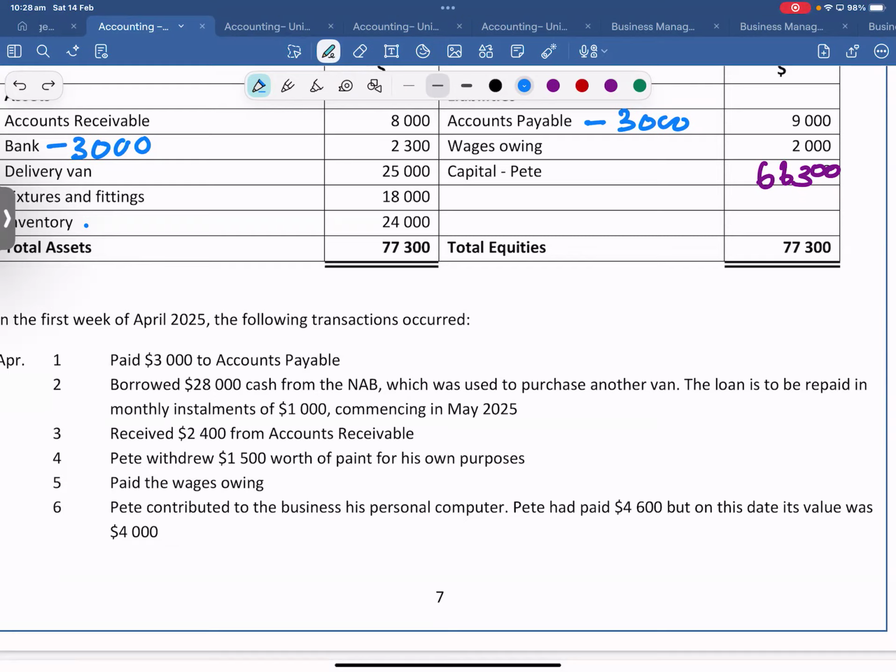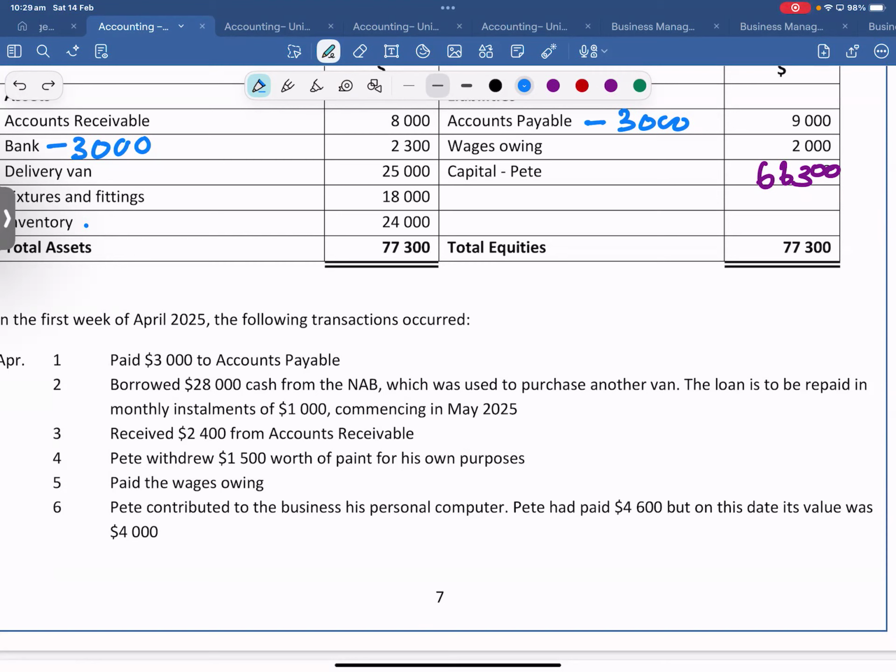If you borrow $28,000 cash, will it be a loan? Yes, it will be a loan. So what will happen? You take a loan means what happens? Your loan increases. Not accounts payable.